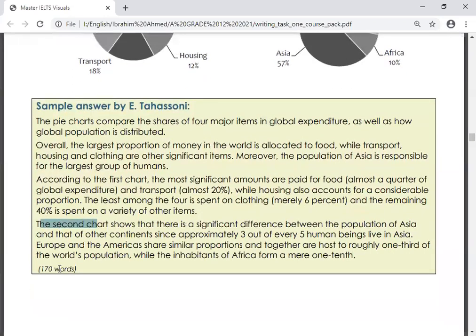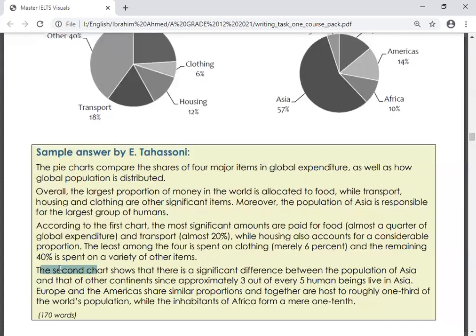The third time the examiner reads your paper, he or she looks for your vocab. What's the meaning of this? Do you use advanced vocab, advanced words, or do you use casual words or informal language? The more advanced your language is, without any exaggeration, the better mark you will get.